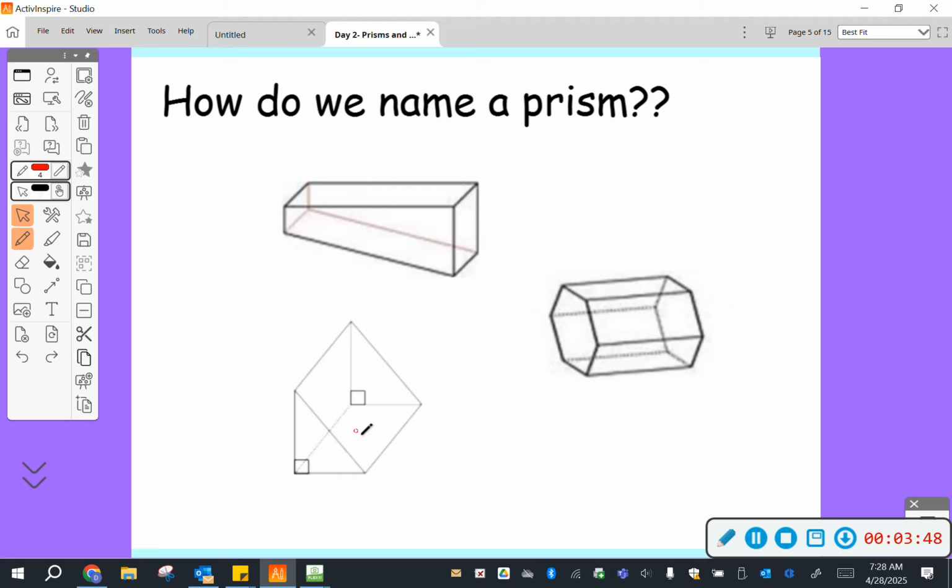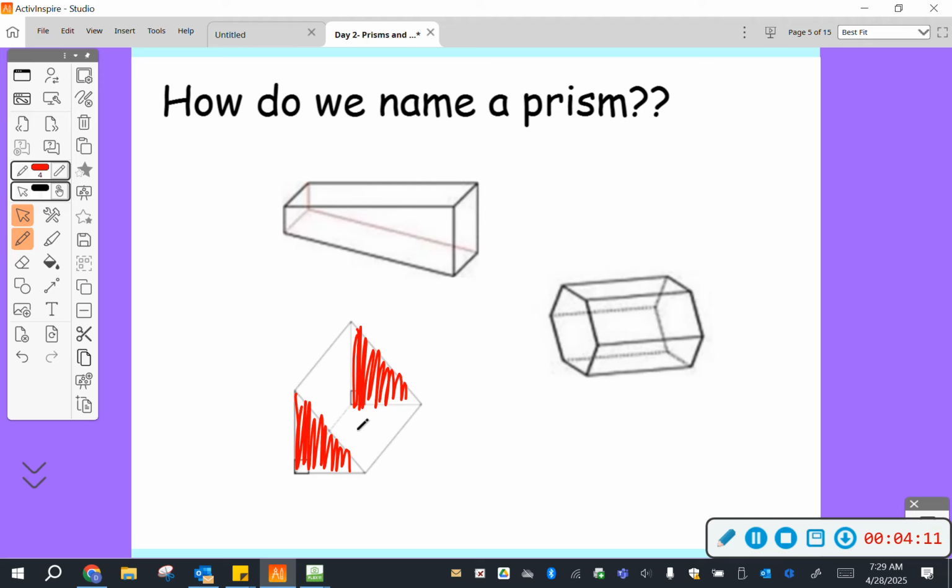So if you look right here, although this rectangle is on the bottom, it's not my base because it touches the other rectangles. So which one is my base here? Do you agree this triangle right here will never touch this triangle over here? And do y'all agree they're the same shape, same size?